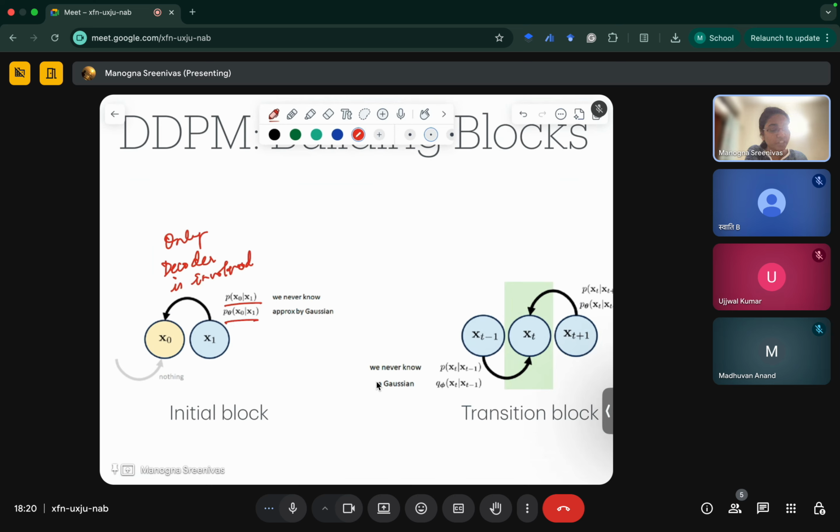So p of x0 given x1 is what we want, and it is parameterized through a Gaussian in this form, p theta of x0 given x1.